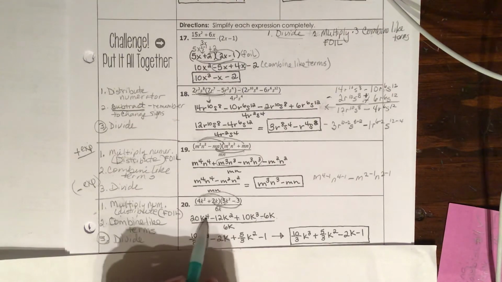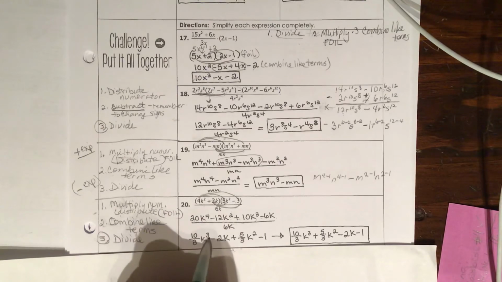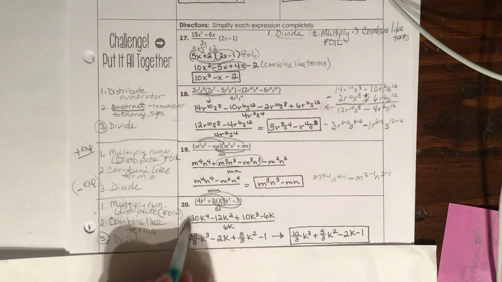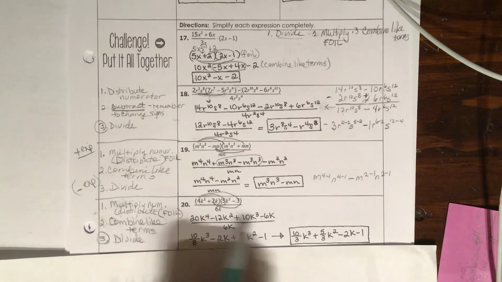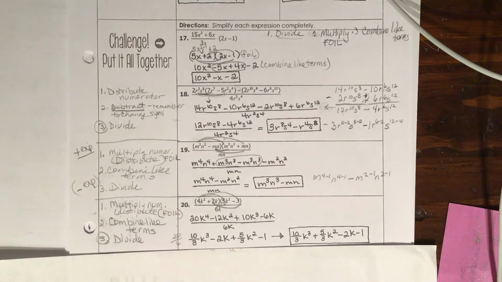Then you're going to subtract exponents, which you see, this is 4 minus 1, which is 3. 6 goes into 20, 10/3. It would be 26, and then you can reduce 26 by 2.